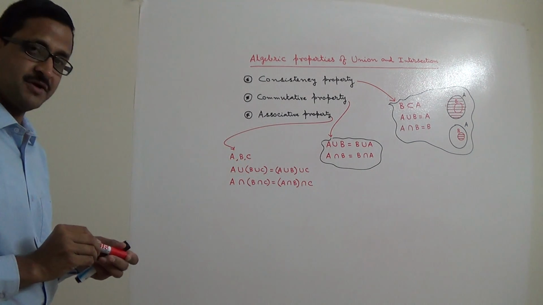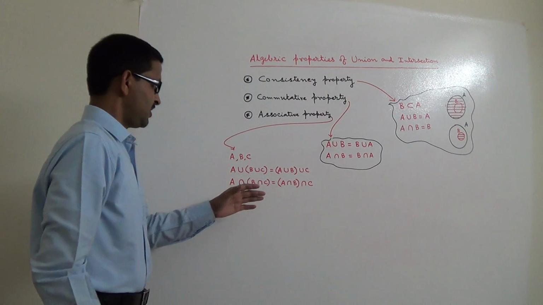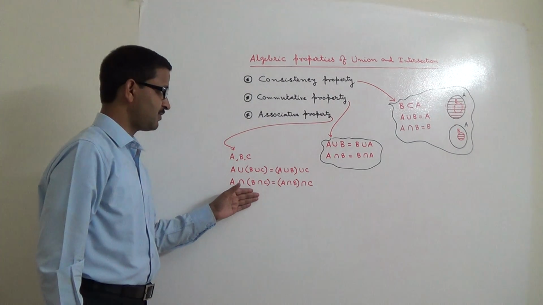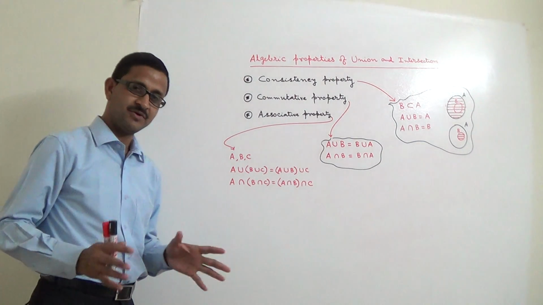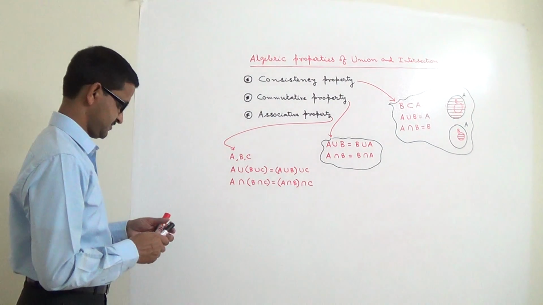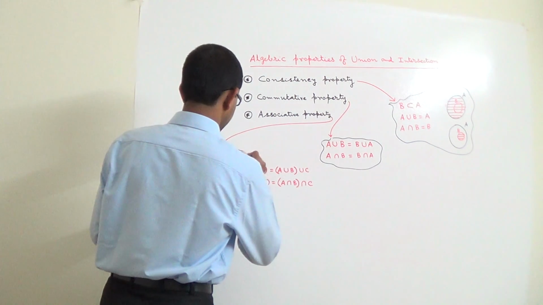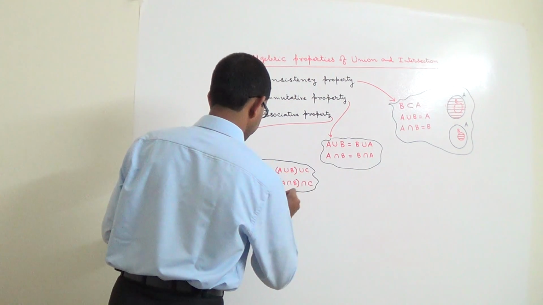That is called the associative property. You can prove all these properties on your own. In case of any doubt, you can contact me later.